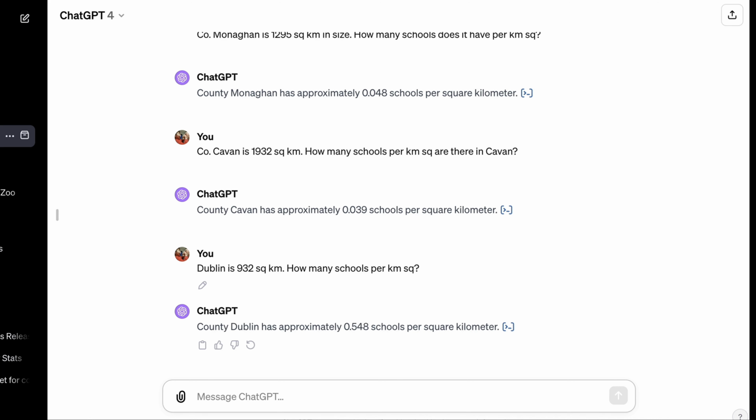So you can start seeing how you can use any spreadsheet with any data to start asking all sorts of interesting questions. I'd be interested in hearing if you found any good spreadsheets out there that might be of use. You can actually create tables using ChatGPT for that. I might just say, can you make a table showing the information on number of schools per square kilometre for those 3 counties?